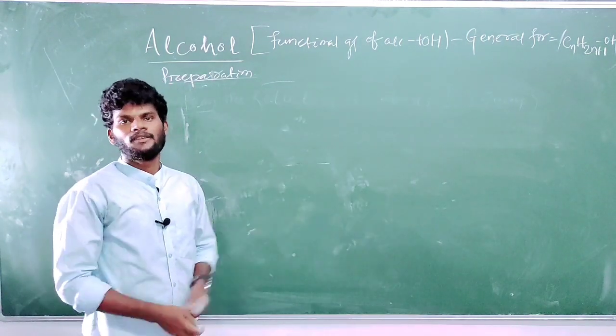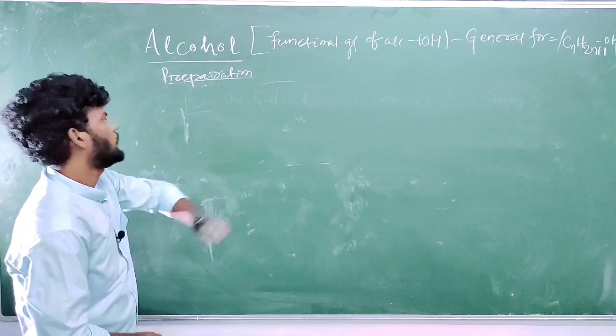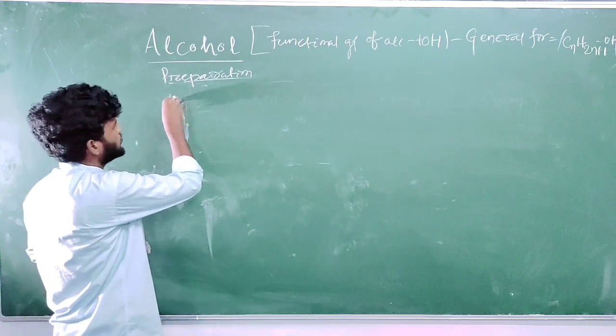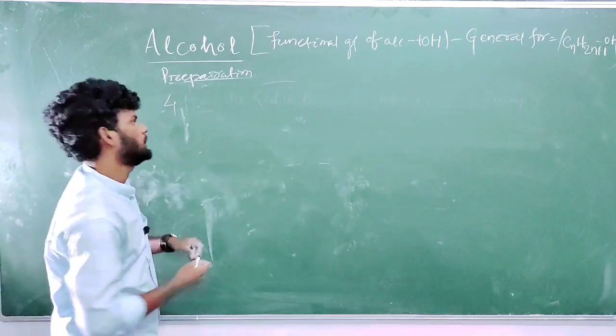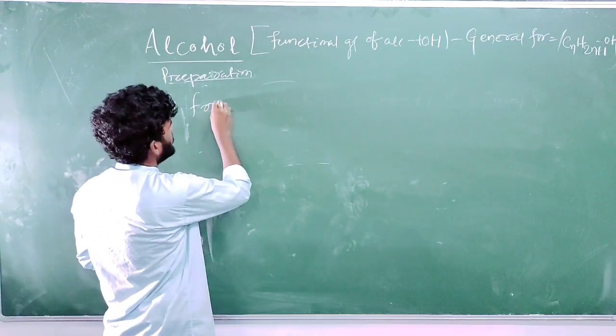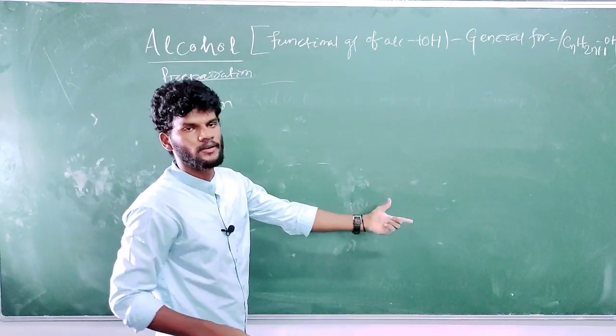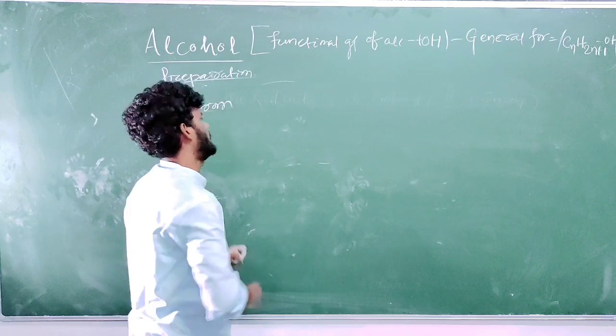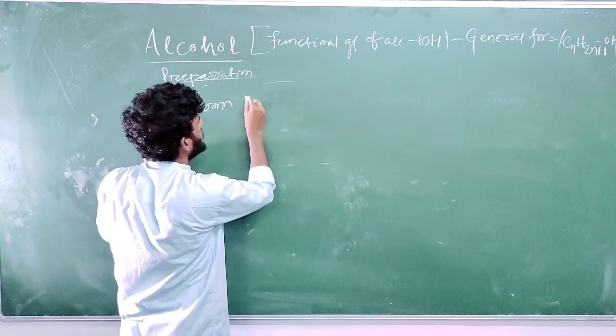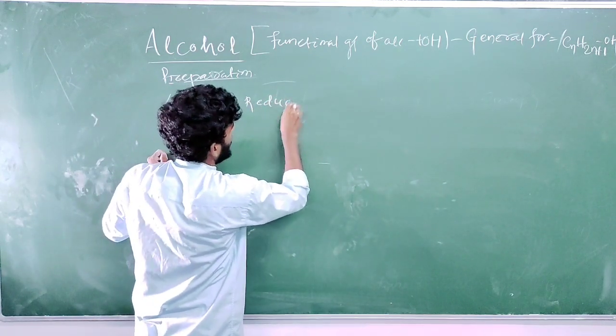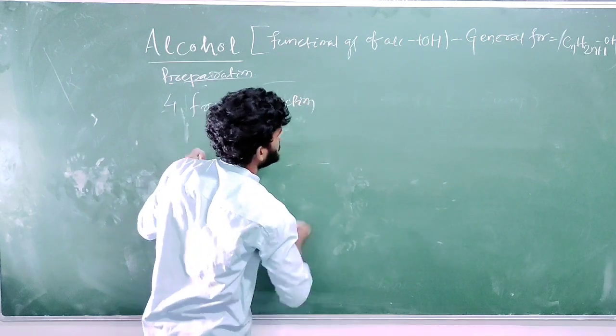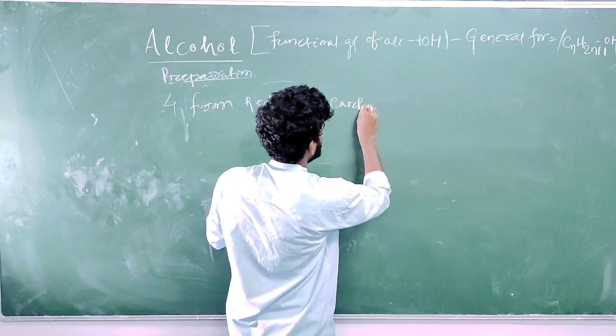So coming to the fourth method of synthesis of alcohol. What is the number 4 method? How to synthesize alcohol? When we reduce aldehyde and ketone, we get alcohols, 1 degree and 2 degree specifically. So if you reduce carboxylic acid, which acid? Carboxylic acid.